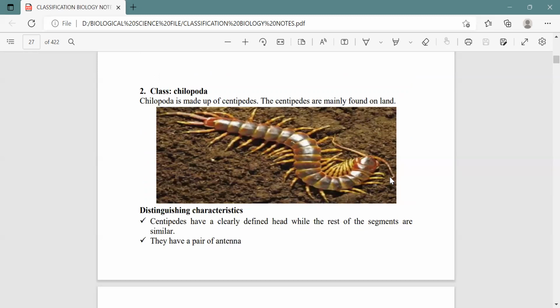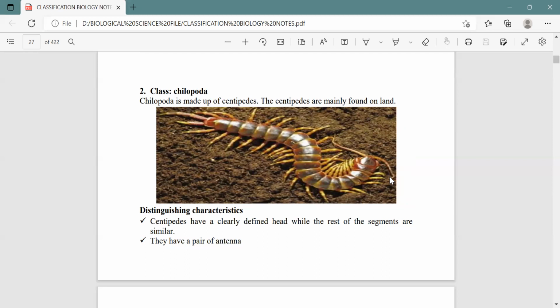Another class under phylum Arthropoda is class Chiropoda, the centipedes, such as that one shown in the diagram. You can see a pair of antennae.